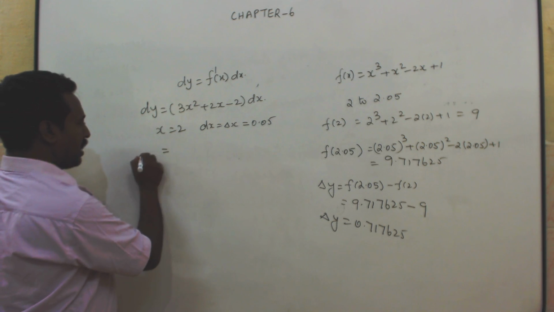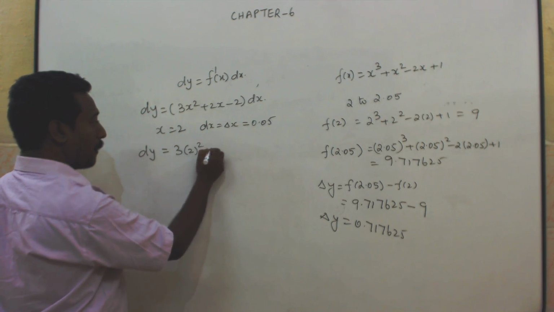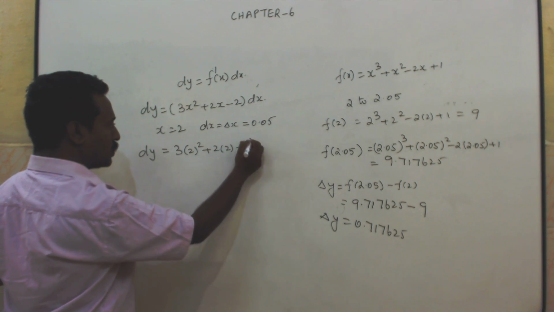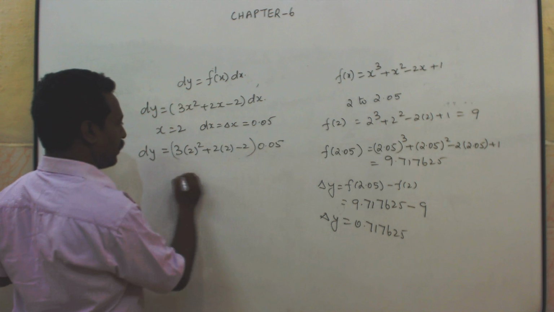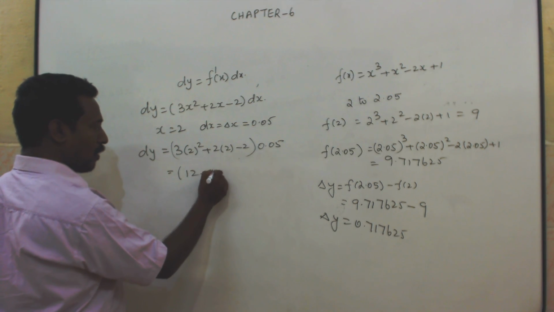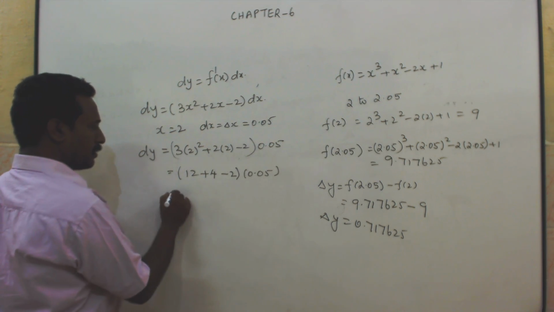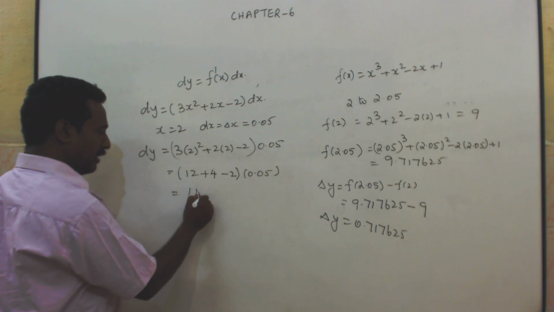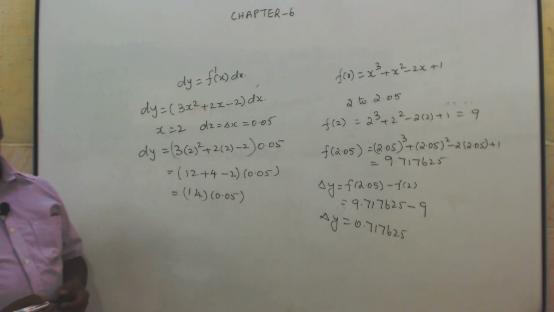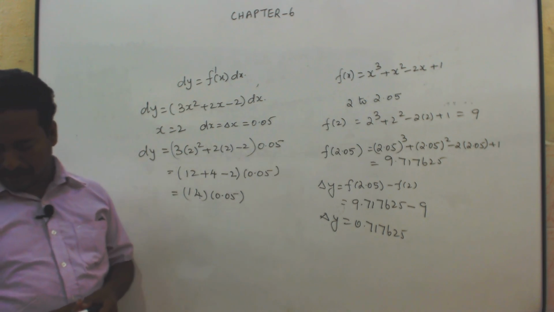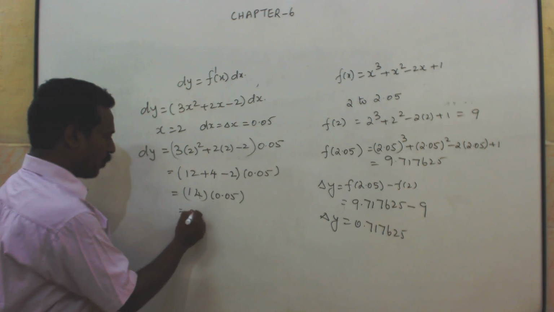Now, substitute: dy equal to 3 into 2 square plus 2 into 2 minus 2 into 0.05. 4 plus 4 minus 2 into 0.05, that is 14 into 0.05. You know how to multiply. If you multiply, you will get the result. So, 14 into 5, that is 0.7.